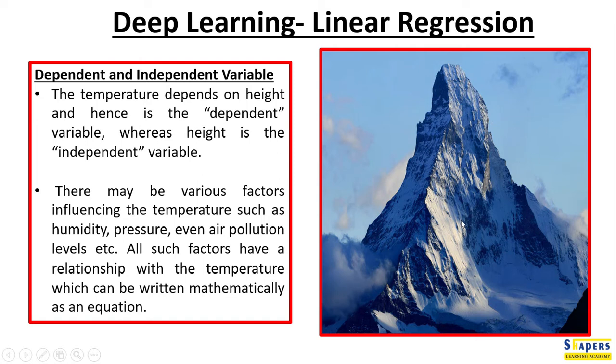There may be many factors influencing the temperature, such as humidity, pressure, even air pollution. Right? It's a major issue today. All such factors have a relationship with the temperature, which can be written mathematically as an equation.